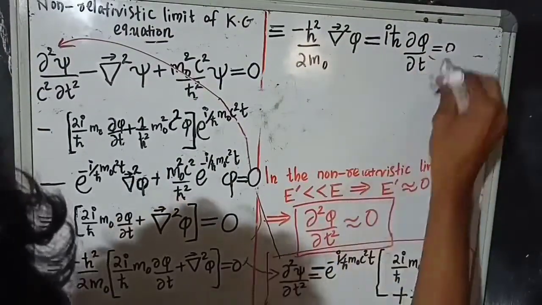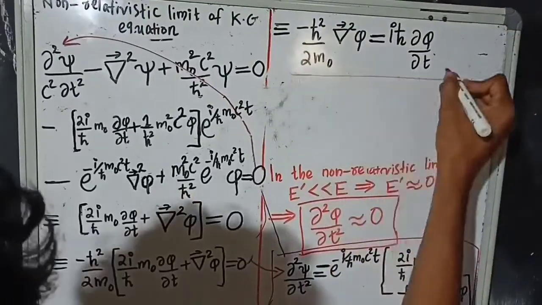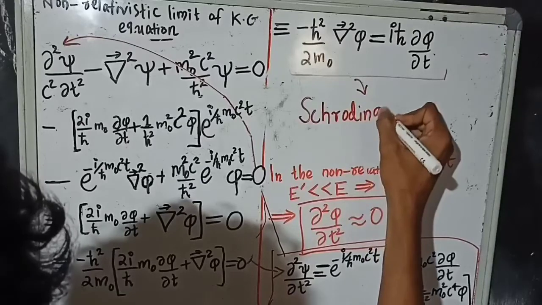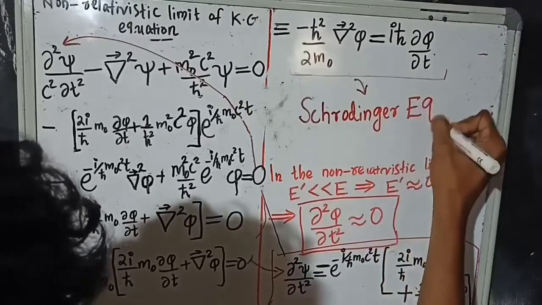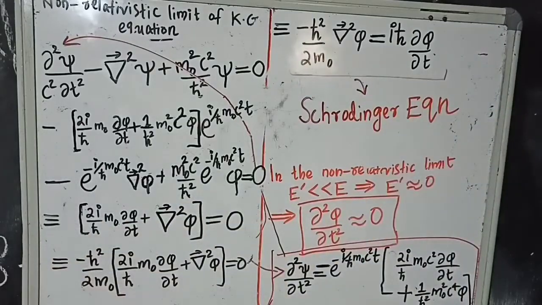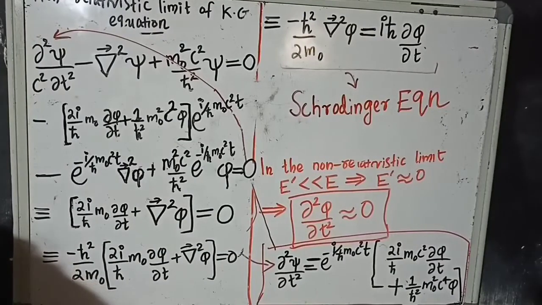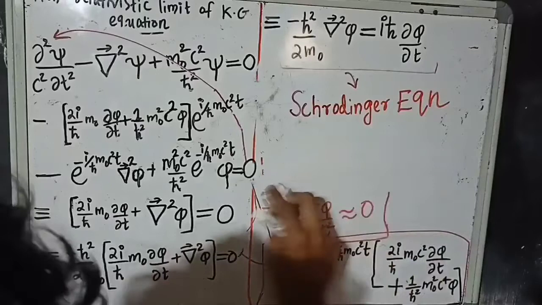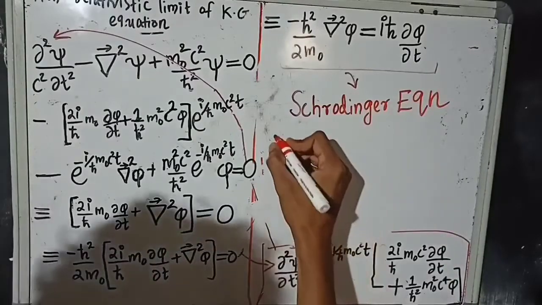And this is equivalent to minus ħ²/2m0 ∇²φ is equal to iħ ∂φ/∂t. And this is actually the Schrodinger equation, the Schrodinger equation for the free particle, because there is no potential term here.